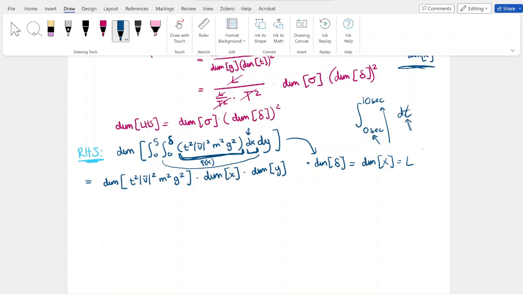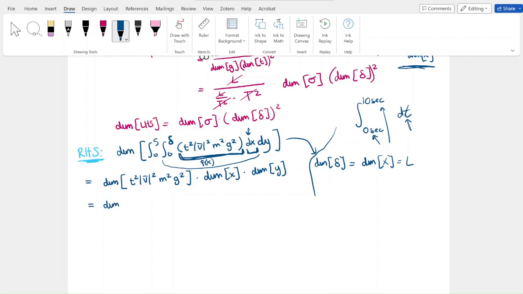So I'll write this as an aside. Now on our right hand side we have the dimension of this entire quantity equals the dimension of this times the dimension of x times the dimension of y. So let's apply our rules again.